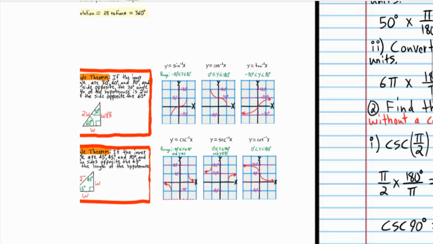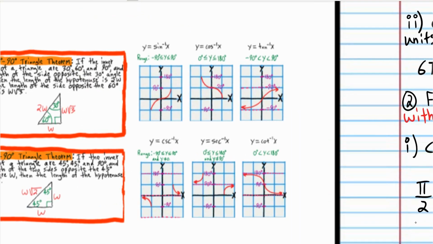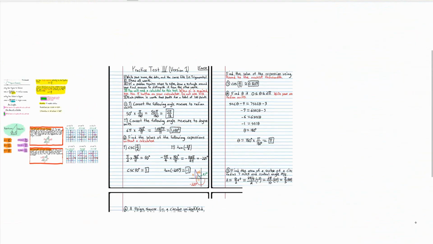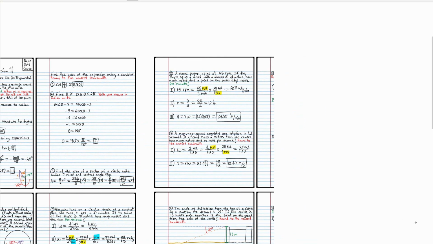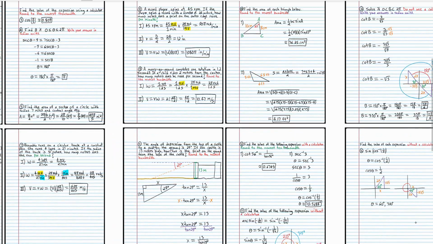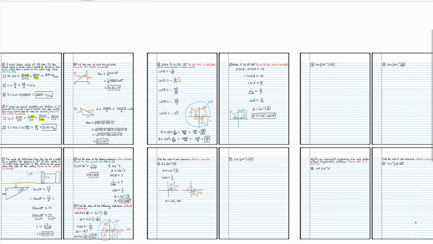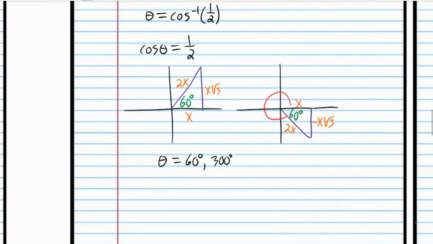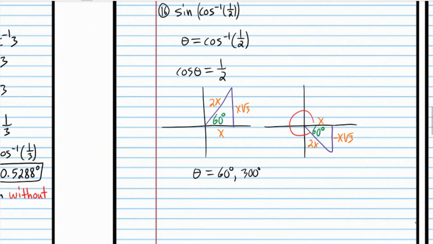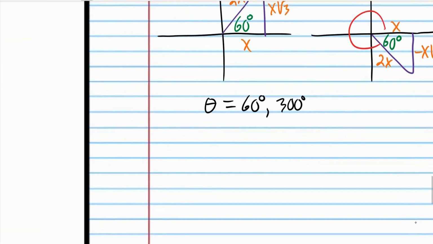If you look at this, those are your range restrictions. So we have to pick a number. We can't just use any of those numbers. So we're going to pick 60 degrees because that's within the range restriction. So now we know that cosine inverse of 1/2 is equal to 60 degrees.